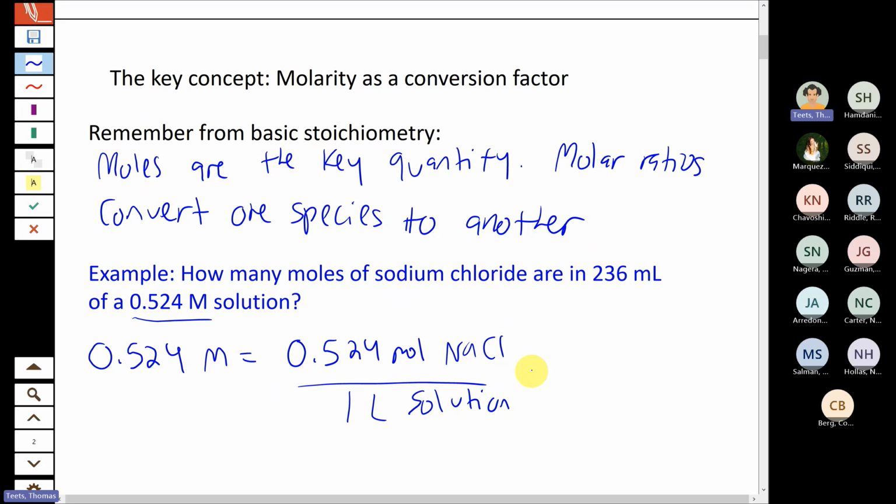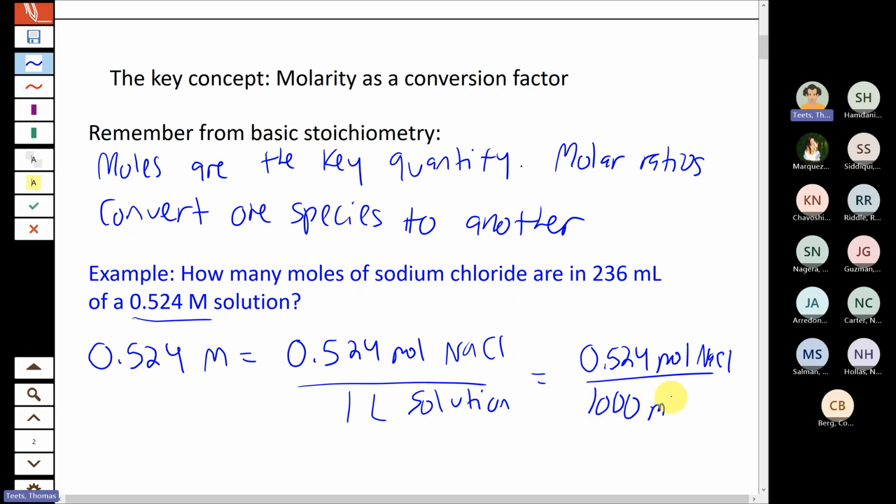A common shortcut that I will take in this part, so I want to make sure I introduce it now, is that most often, not always, but most often when you're measuring volumes in the context of solution stoichiometry, milliliters is the much more common unit. A liter's a lot, so usually in a lab setting, you don't use a whole liter. So you could do the conversion in 2 steps where you convert liters to milliliters, or an easy way to do this is just to rewrite this conversion factor as the number of moles that you have, the molarity, but per 1,000 milliliters of solution.